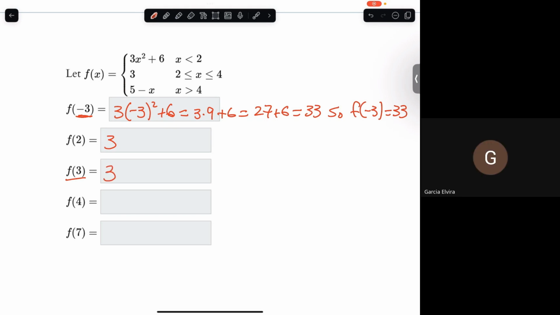For any input that we choose that is between 2 and 4, the output f of that number is 3, no matter what. So if I said f of 2.1, it's just 3. If I choose f of 3.9, it's just 3.